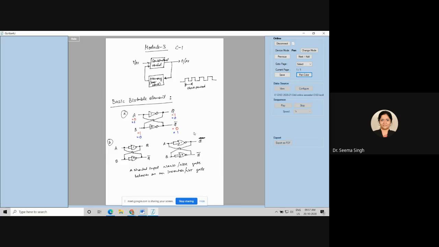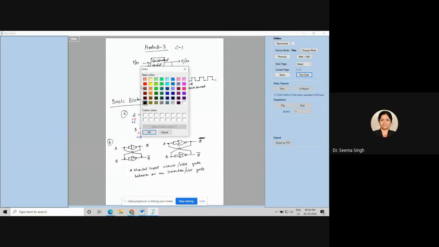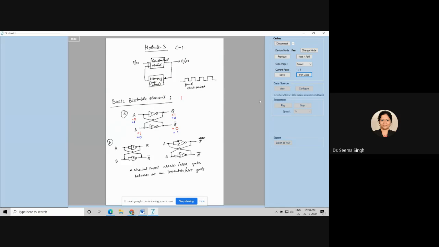So basic bistable element is nothing but a 1-bit memory cell. You should understand this circuit very carefully, because this circuit will be used again and again. This is a 1-bit memory cell.